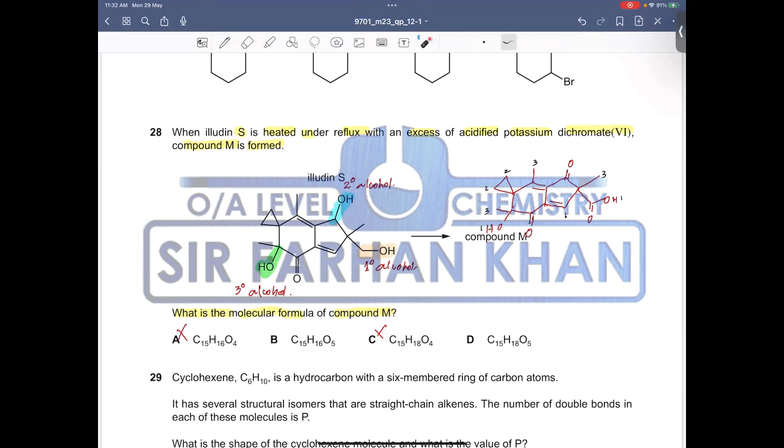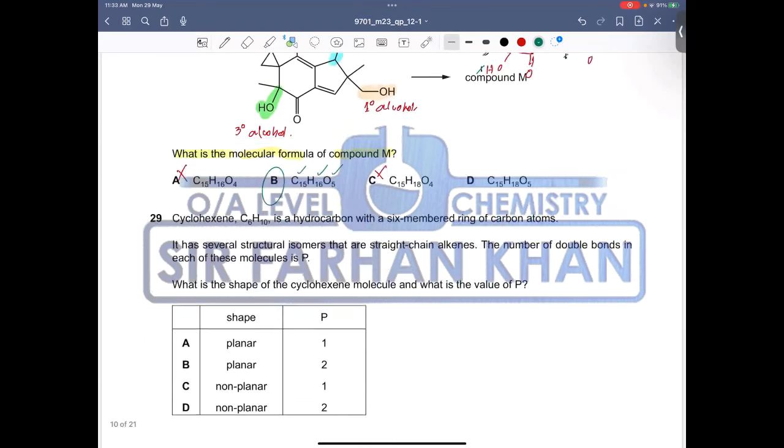Let's count these hydrogens. 3 plus 2, 5, 5 plus 2, 7, 7 plus 3, 10, 11, 12, 13, 16 hydrogen atoms. 16 hydrogen atoms is here. So the right answer is going to be B, I believe. I hope it makes sense to you. Question 29.